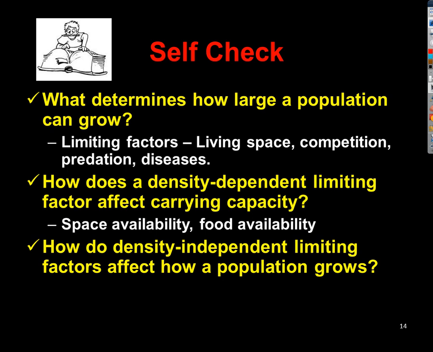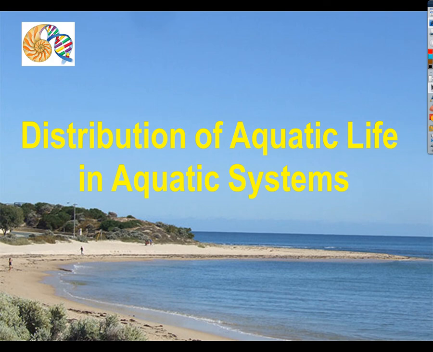Well, natural disasters are going to be a limiting factor that have nothing to do with the density of the population. They are going to obviously have an effect on how well that population is going to grow, especially when they're all wiped out in one shot, a major storm or something like that.